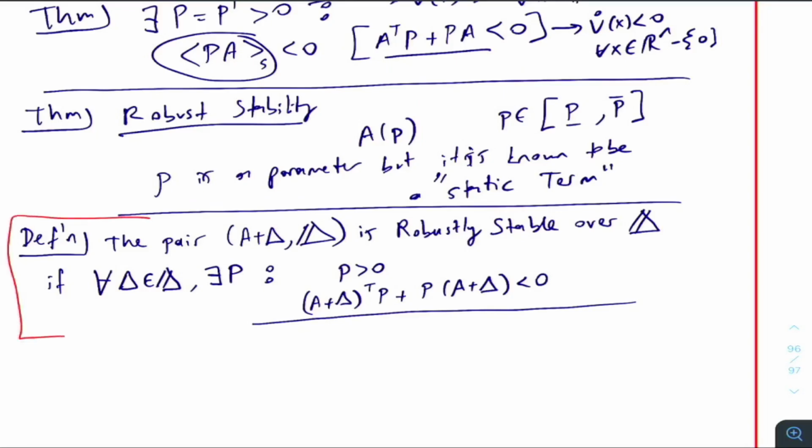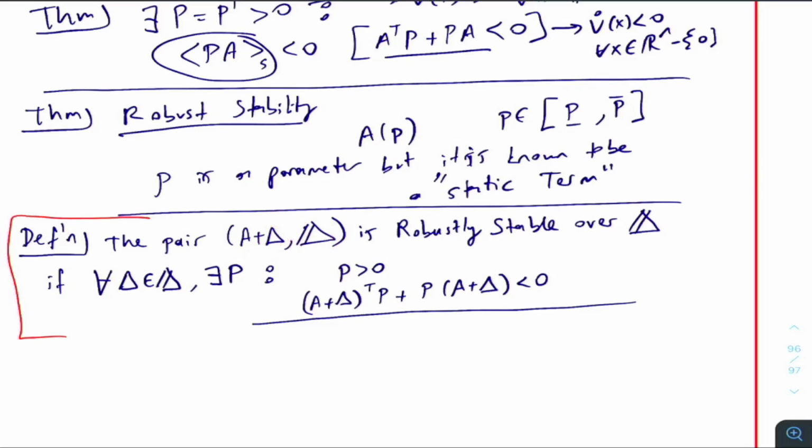Here, the definition. The pair A plus delta, right? And delta is a normal delta, but here this is like the bold delta, okay? And this delta is basically a number, let's say, but this capital delta is a set, okay?